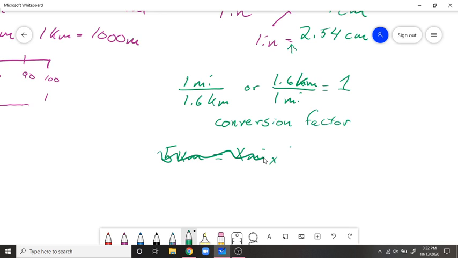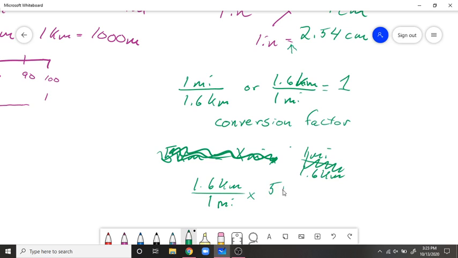Sorry, I did that wrong. If I know that 1 mile is equal to 1.6 kilometers, oh, I'm so wrong again. I want kilometers on top. 1.6 kilometers is equal to 1 mile, and I'm running in a 5-kilometer race.